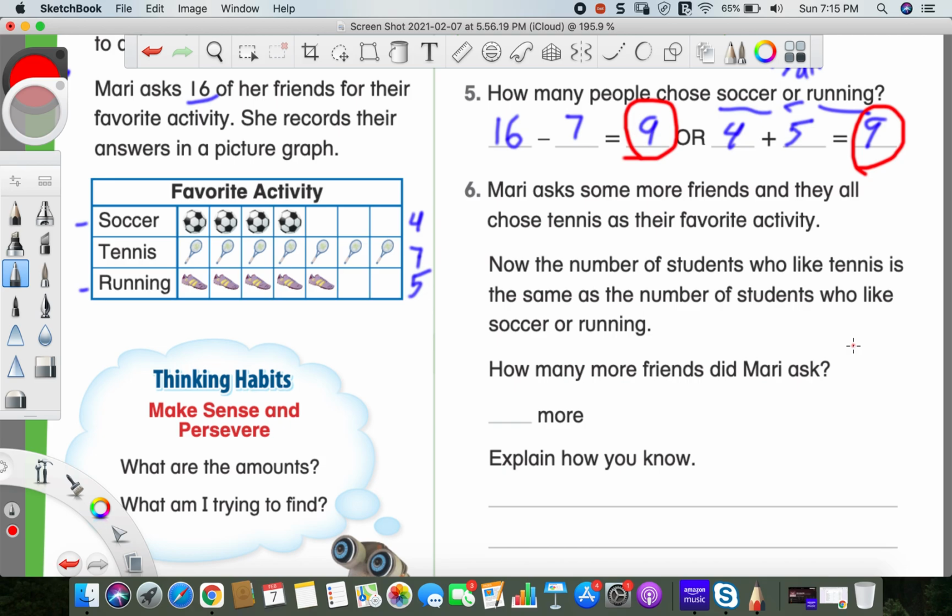Okay? Go ahead, try it on your own. All right, just remember your more friends voted and they all voted for tennis. So these tennis votes grew to that total of soccer and running. How many more votes do we need for that?